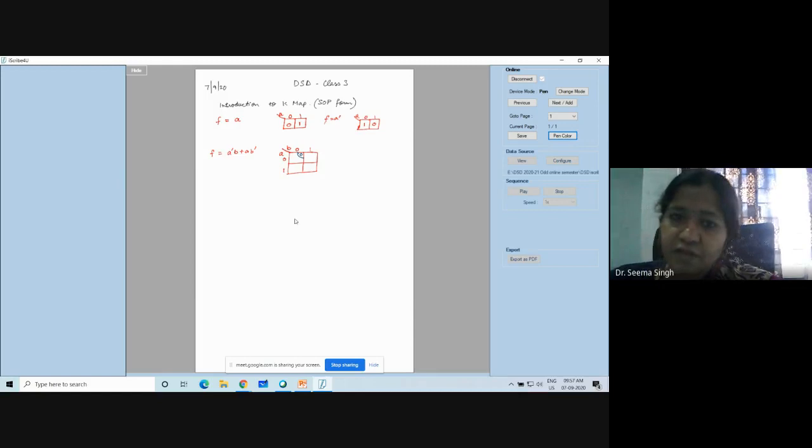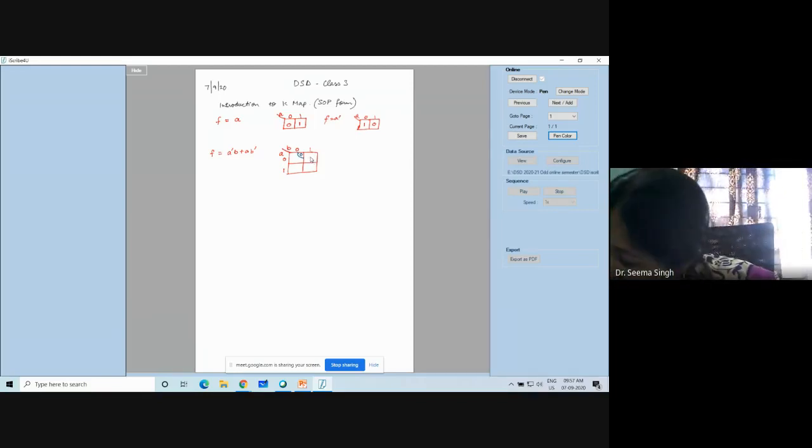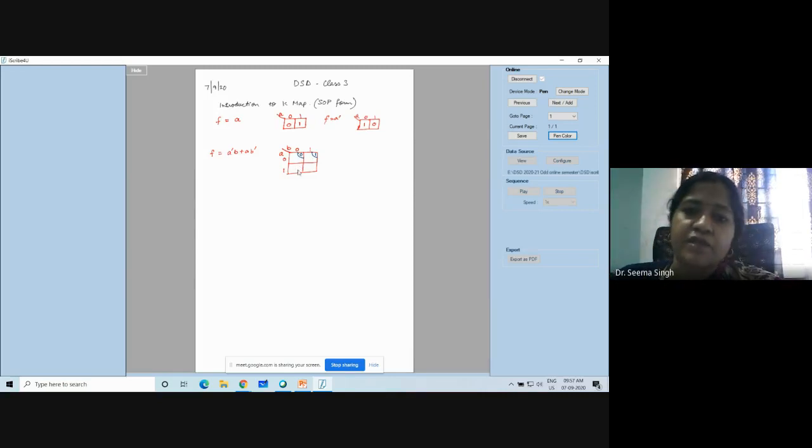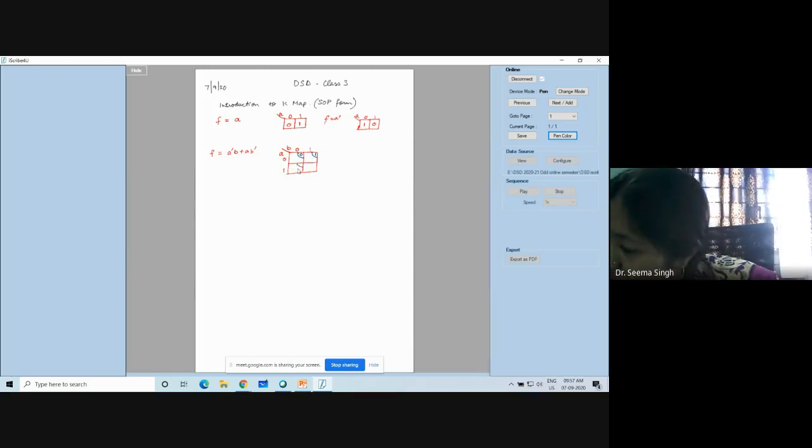In this specific cell, row A is 0, column B is 1. So this depicts 0, 1, which means 1. Now coming to this cell, A is 1, B is 0, so this cell depicts 2.